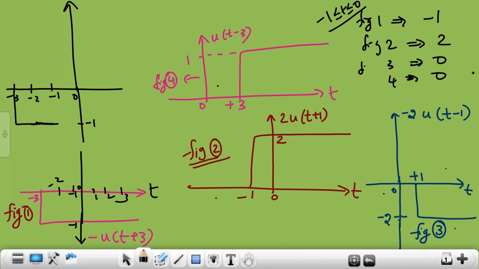So during the time interval -1 to 0, your amplitude will increase towards +1. +1 means it will be upwards. So graph has gone upwards. Can you respond? Any doubts? Yes, sir. Okay, fine.